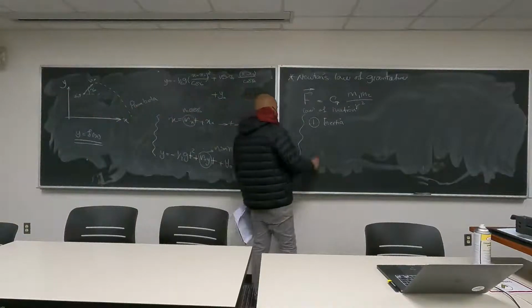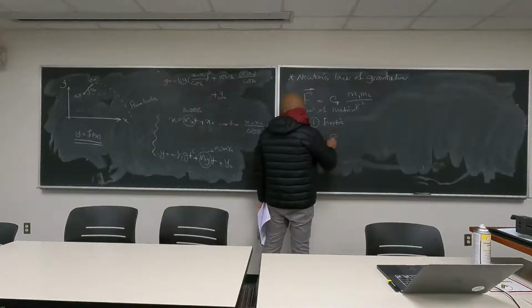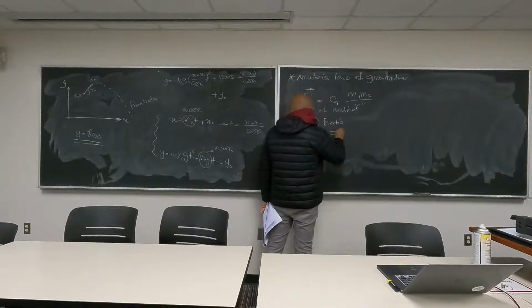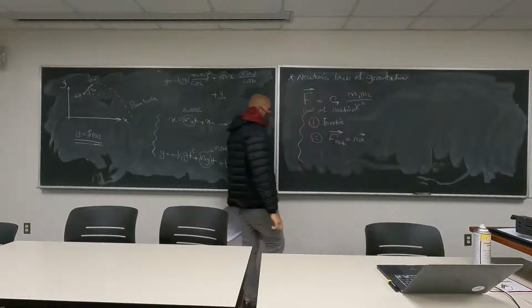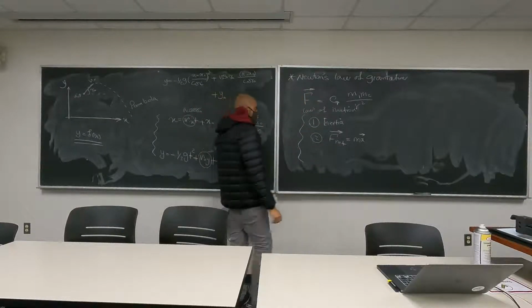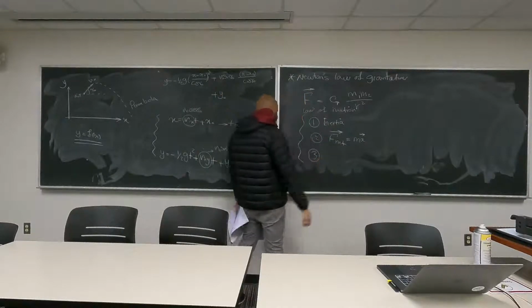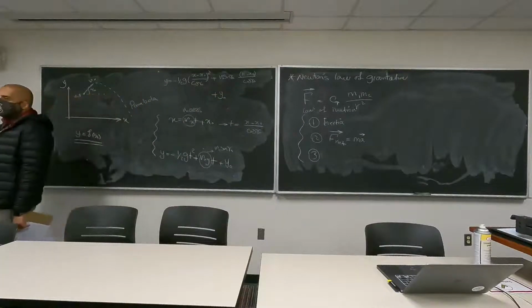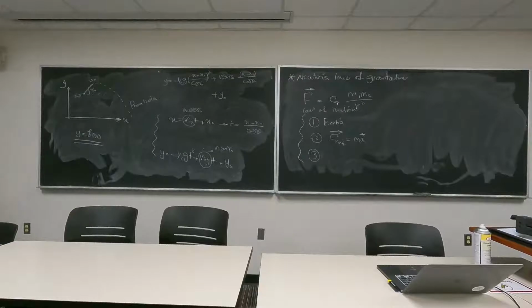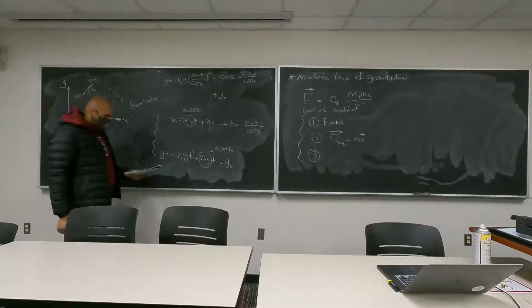Second one, the total of the forces is equal to mass multiplied by acceleration. And the third one, if an object exerts a force F on another object, the other object exerts the same force onto the original object in the opposite direction.